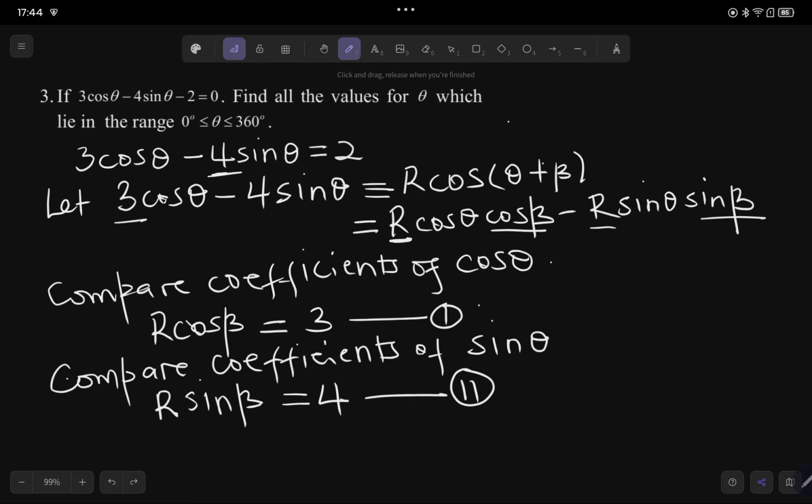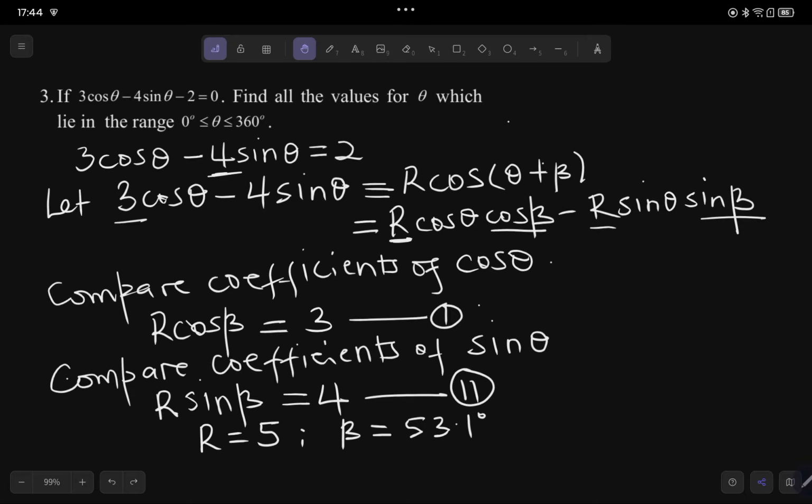Since I've already done 2 examples on this, I'm leaving it to you as a challenge to move from here and show us that our r is 5 and our beta is 53.1 degrees.